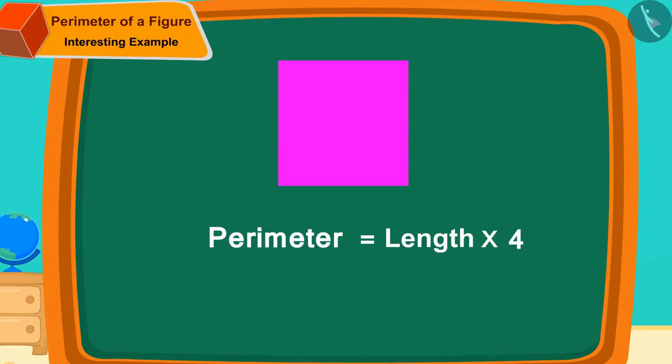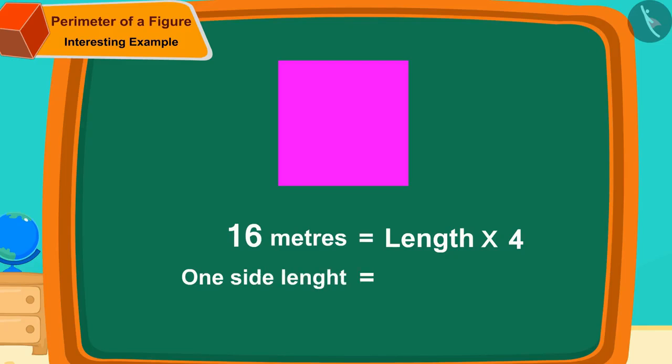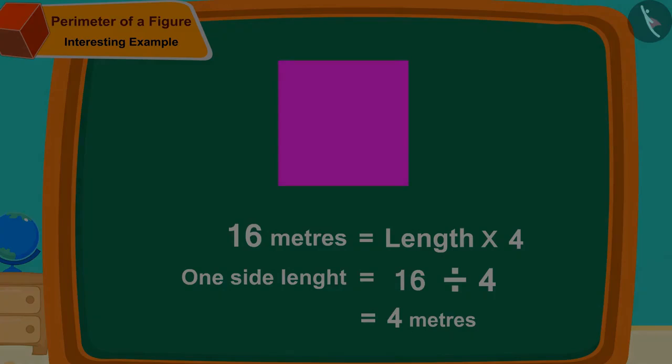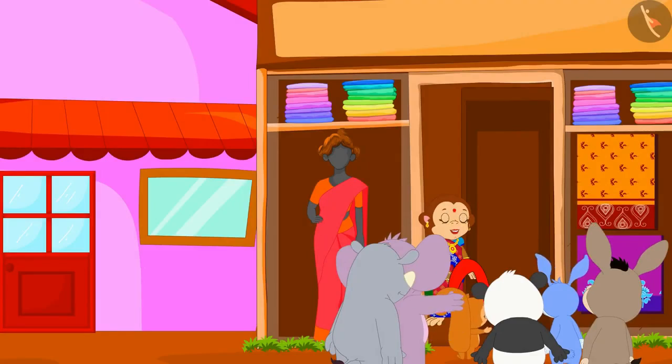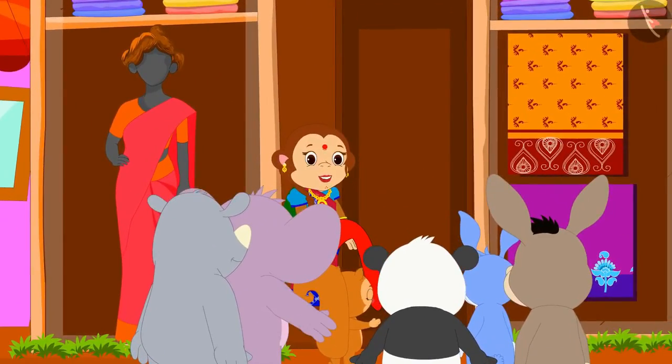In other words, 4 times the length of one side of the tablecloth is equal to 16 meters. Therefore, the length of one side will be 16 divided by 4. That is 4 meters.